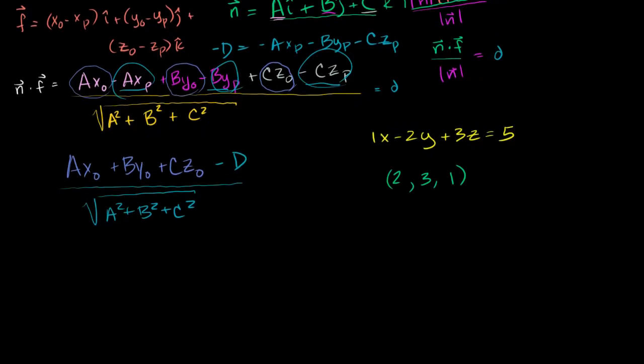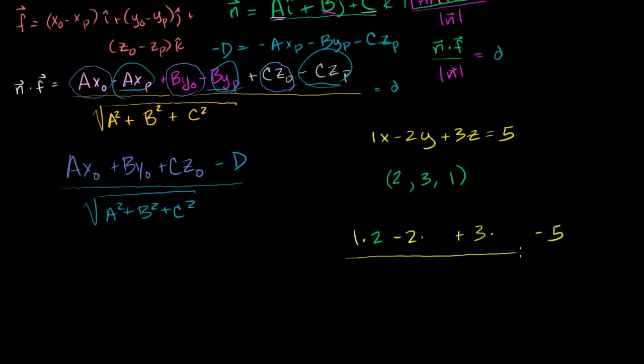So this will just be 1 times 2 minus 2 times something plus 3 times something minus 5.